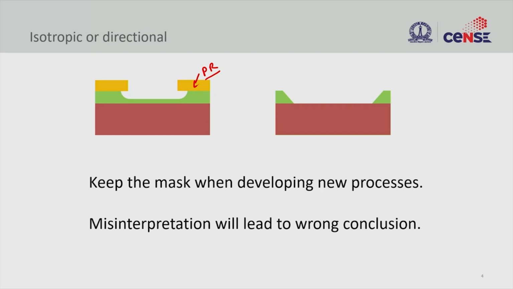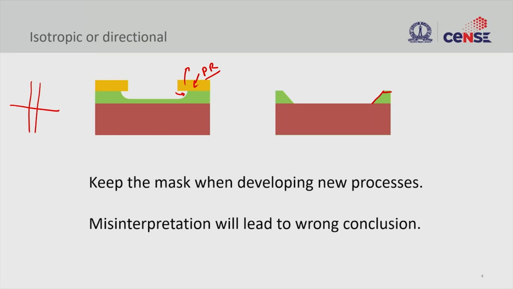When you look at the cross section, you will know that there is an undercut here. If you remove the photoresist, you will end up with a pattern like this, for instance, if you have overetched, and in this case you don't know whether this is isotropic or whether you have done a directional etch, which, as we saw in the earlier slide, is also anisotropic.